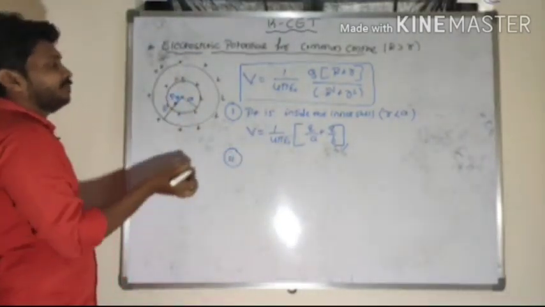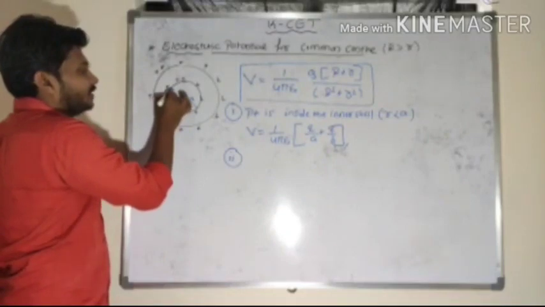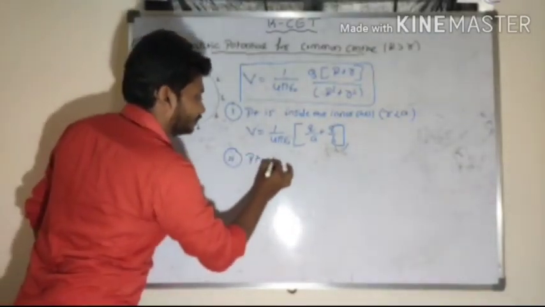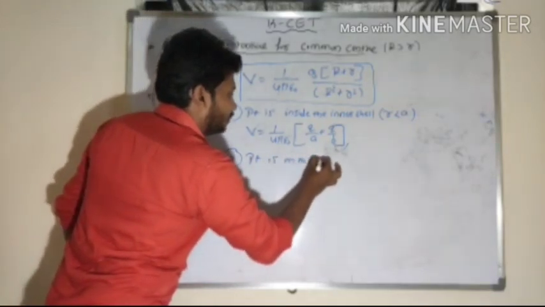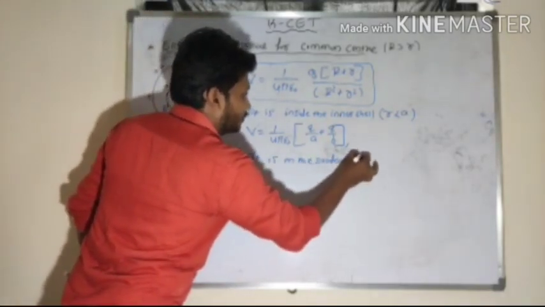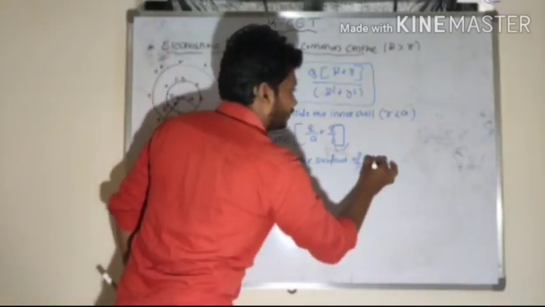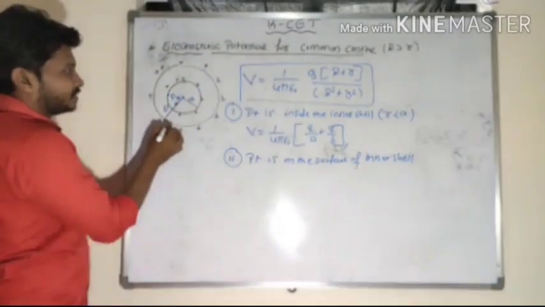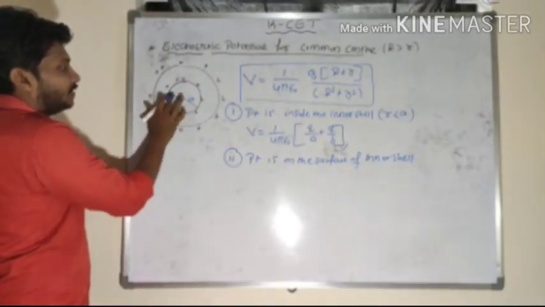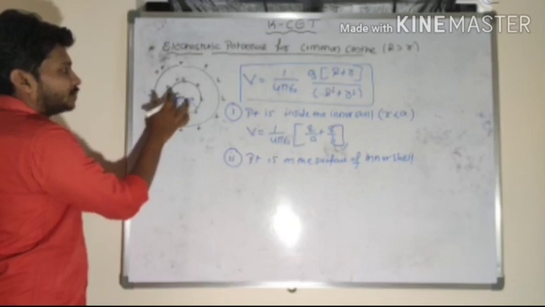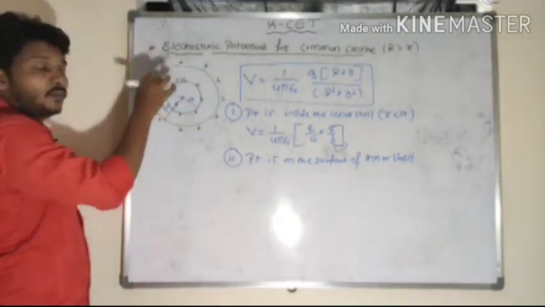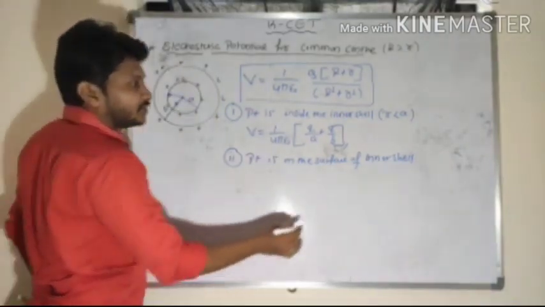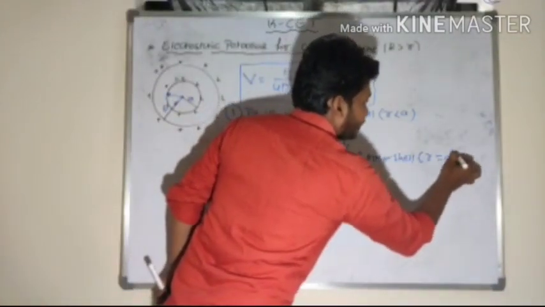Now I choose the point of observation on the surface of the inner shell. So in the second case, the point of observation is on the surface of the inner shell, so r is equal to a.